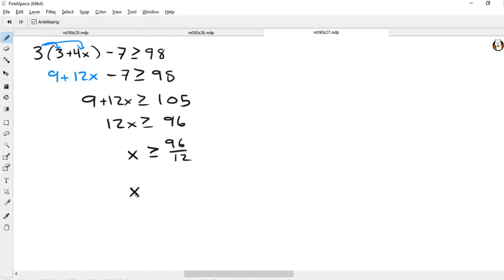Hey, you know what? That's 8. So x is greater than or equal to 8. 8 is a solution.